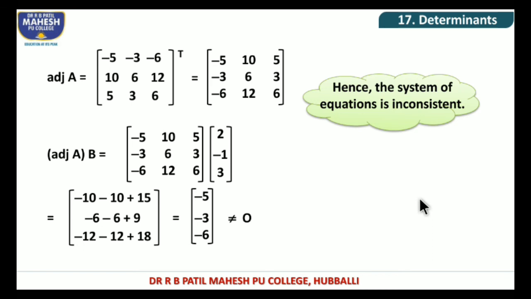So, students, we can check whether the system is consistent or inconsistent based on the value of determinant of A. If determinant of A is equal to 0, then we have to find the value of adjoint of A into B. If it is equal to 0 matrix, then it is definitely a consistent system. If it is not equal to 0 matrix, then the system of equations is inconsistent.